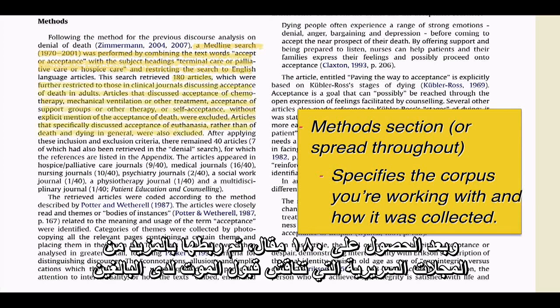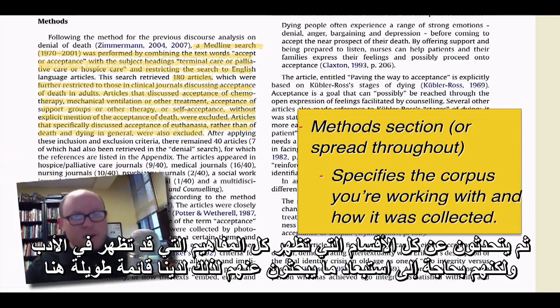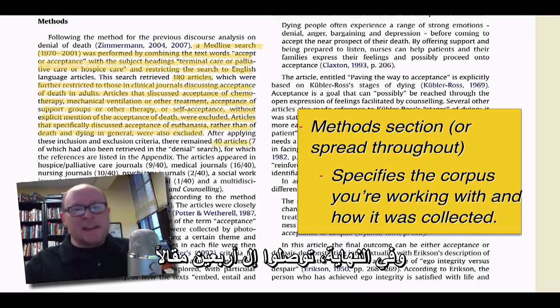Then they talk about further restricting that to clinical journals discussing acceptance of death in adults. And then they talk about all these concepts that may show up in the literature, but that they need to exclude for what they're actually looking for. So there's a long list there. And in the end, what they come up with is 40 articles.